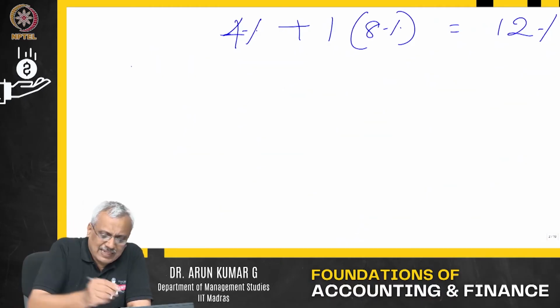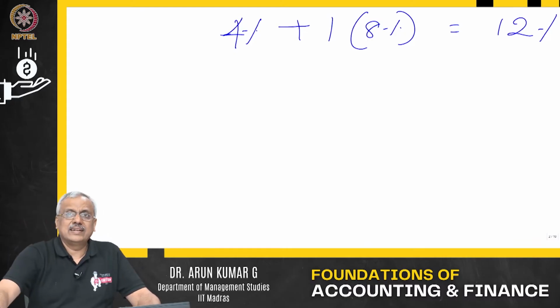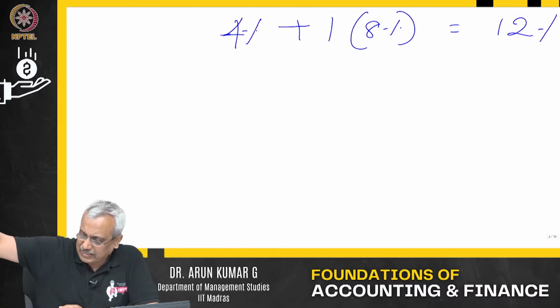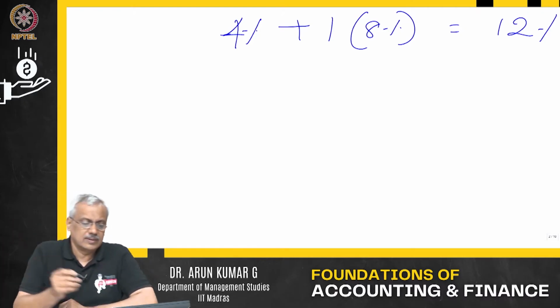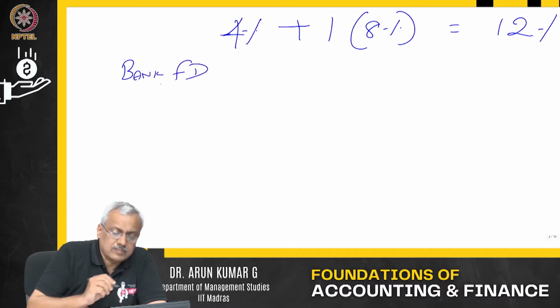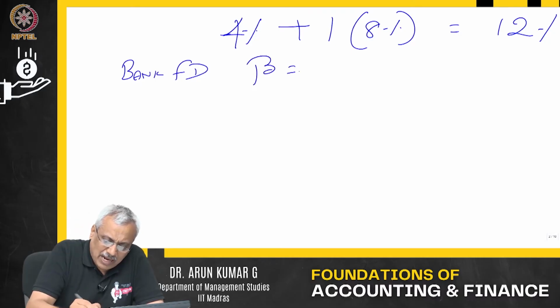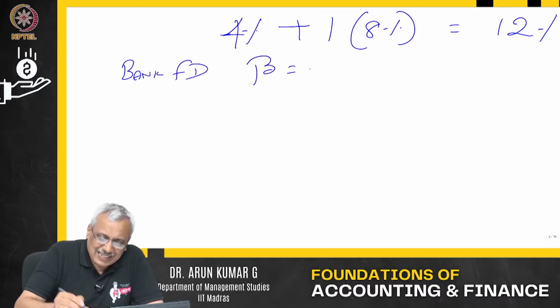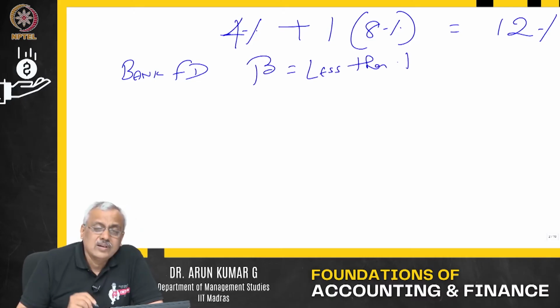Now, let us look at a bank FD, a public sector bank FD. What is the risk factor? What will be the beta? Beta will be less than 1 obviously. Why?